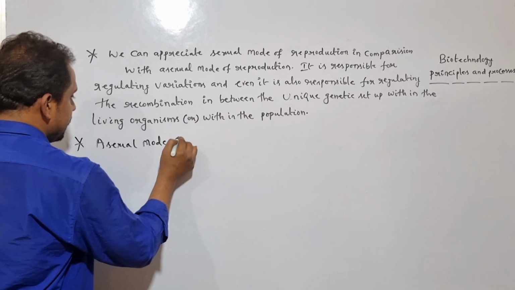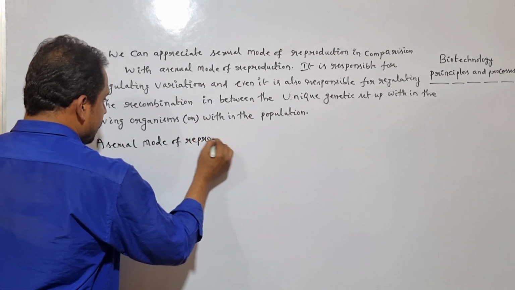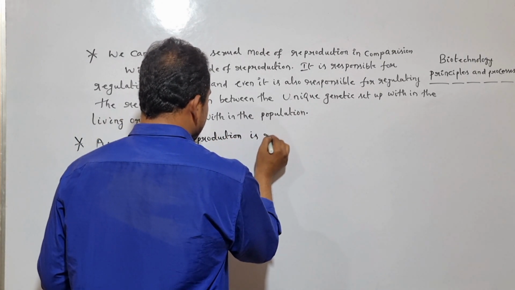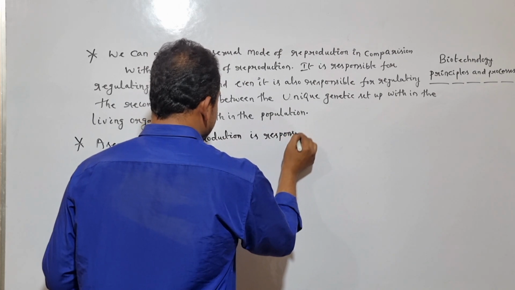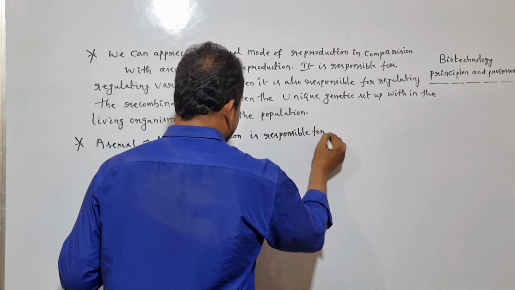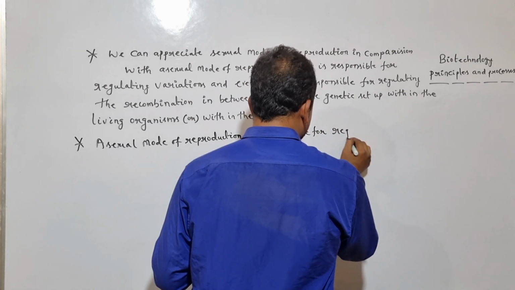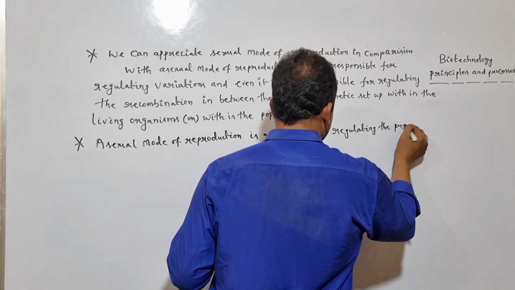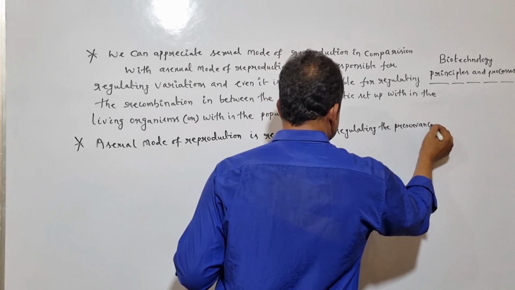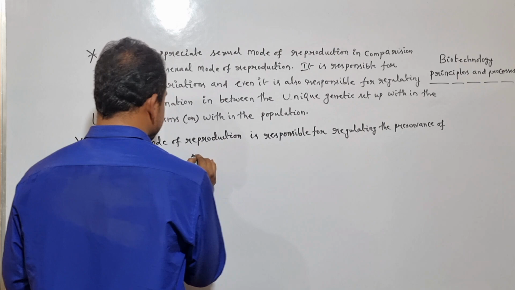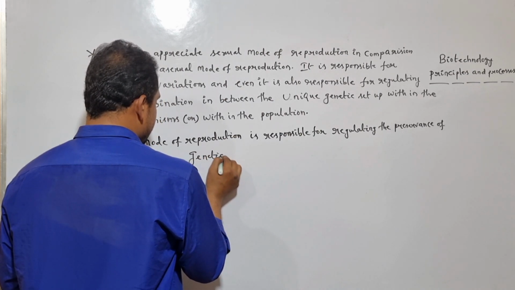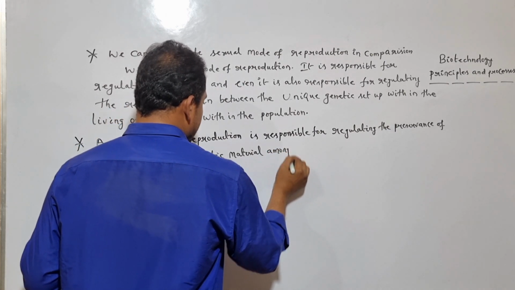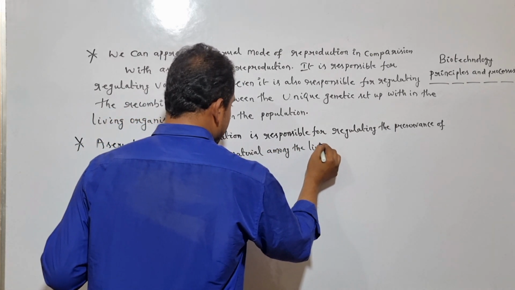Asexual mode of reproduction is responsible for regulating the preservance of genetic material among the living organisms.